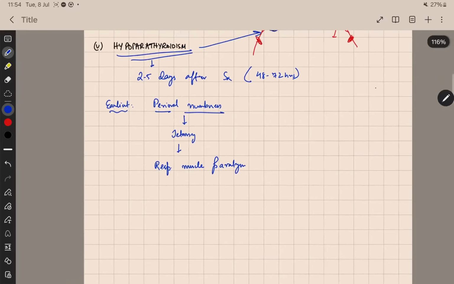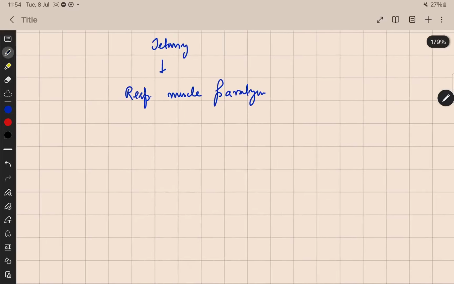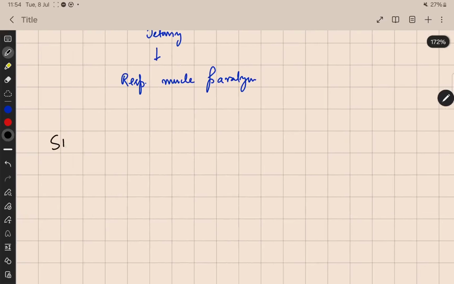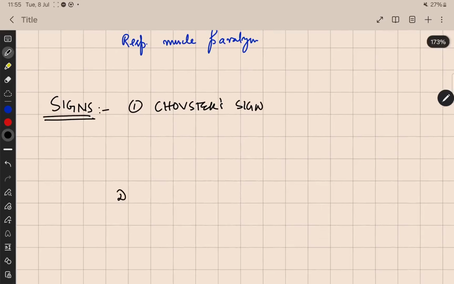Right. So there are two important signs in case of hypoparathyroidism that are important to elicit, that are told to every postgraduate to look for after a thyroid surgery. First is Chvostek sign. Second is Trousseau sign.